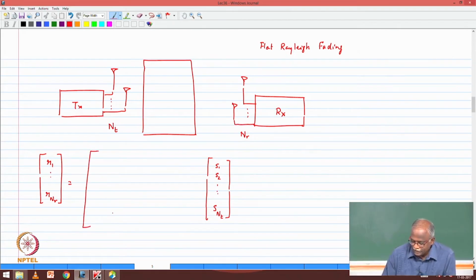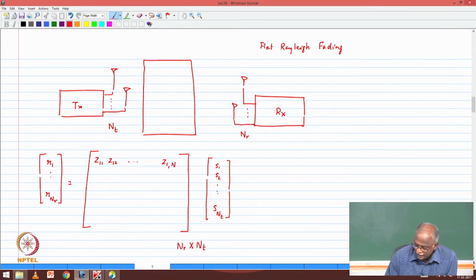So, my matrix is an NR cross NT matrix, where each of these coefficients, let me call this Z11, Z12, Z1 comma NT. What is the definition of that? Zij is the channel from the jth transmit antenna to the ith receive antenna.